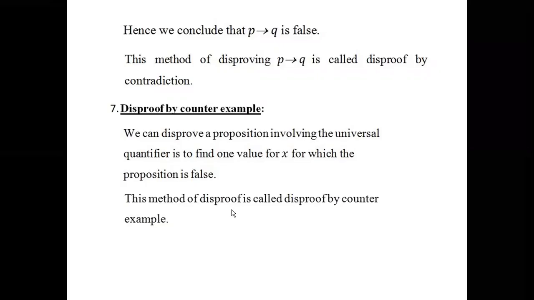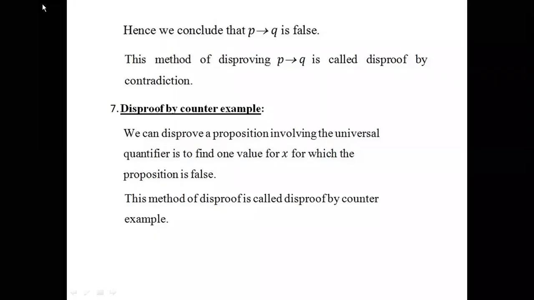This method of disproof is called disproof by counterexample. So we give a particular example and prove that the proposition is false. A particular case where the proposition is false is called a counterexample.